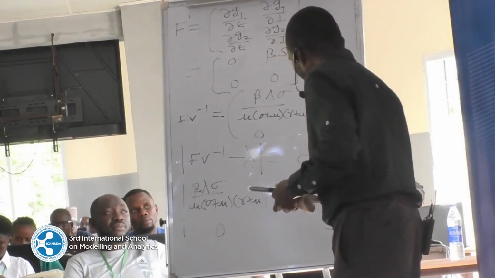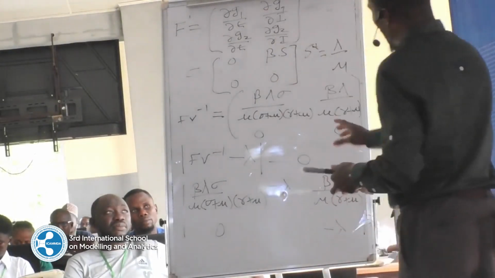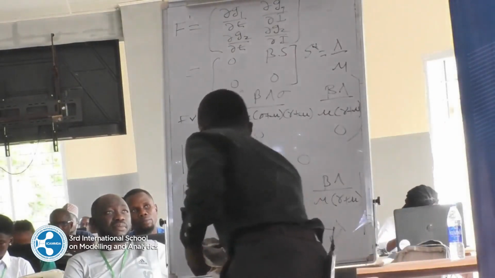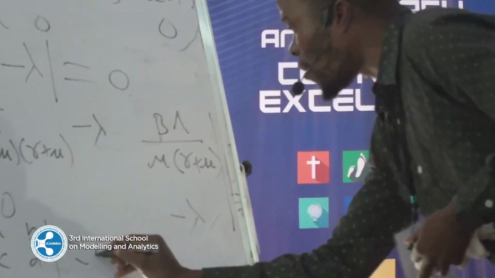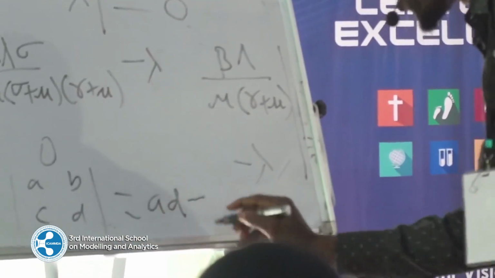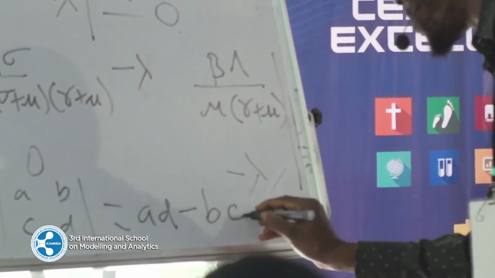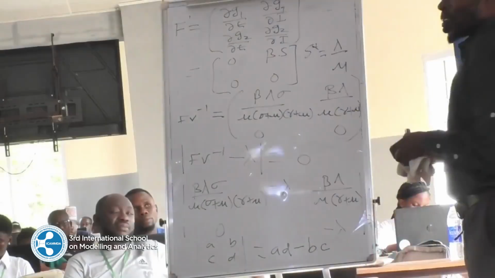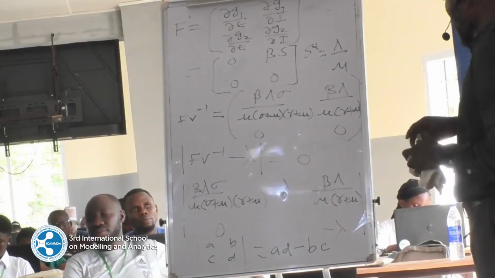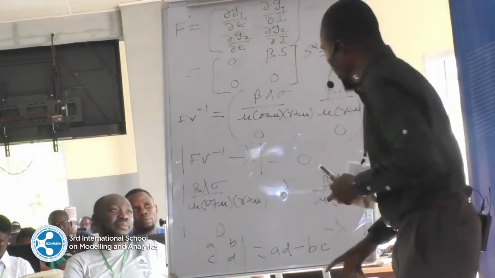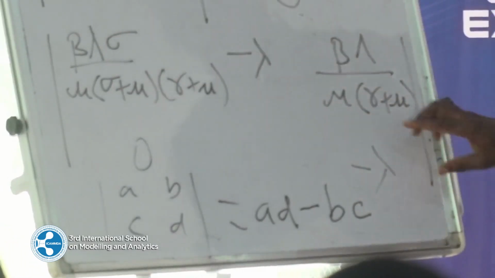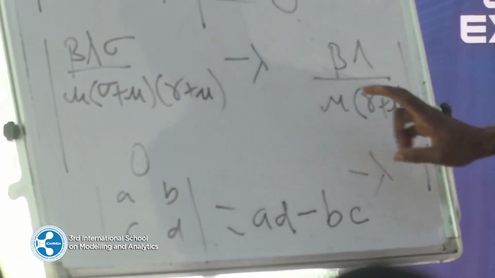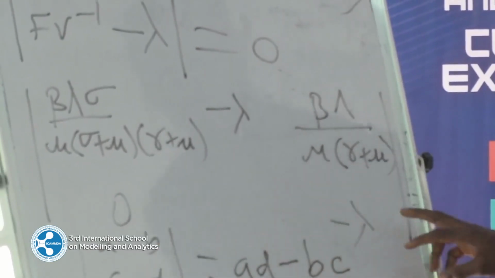So if I have A, B, C, D, the determinant of this becomes AD minus what? Minus BC. AD minus BC. What is A in this case? This one. This is A, this is B, this is C, this is D.